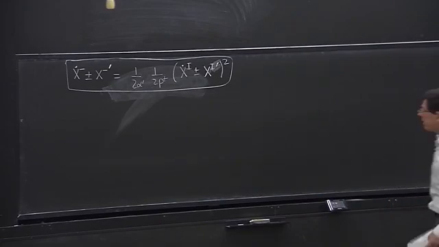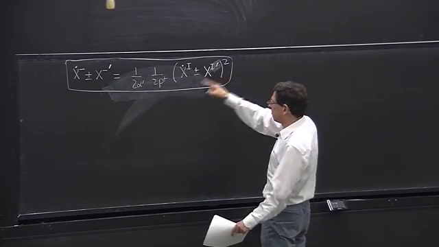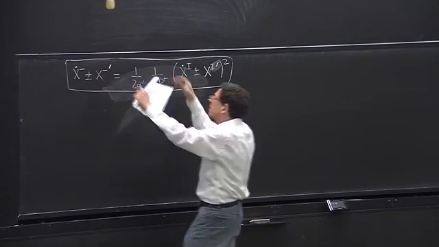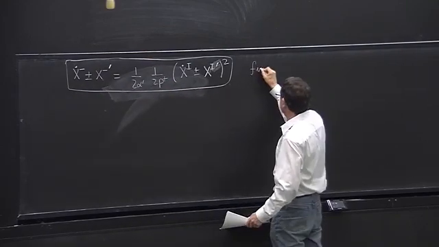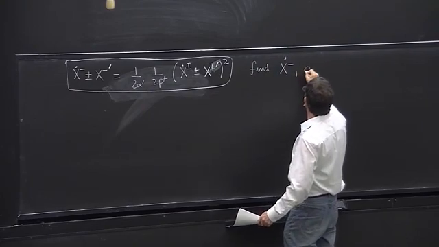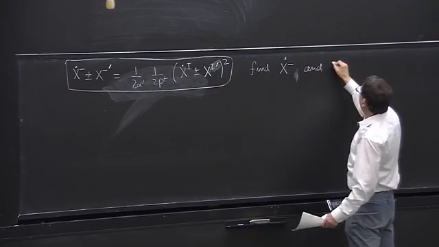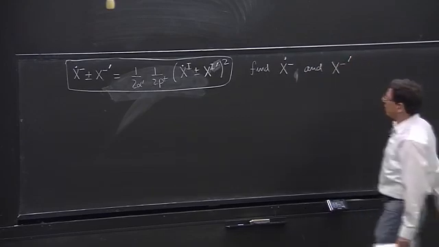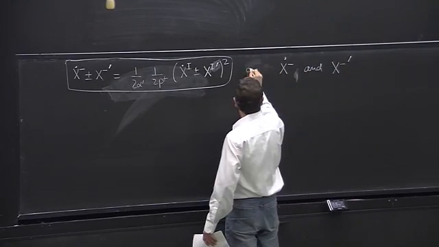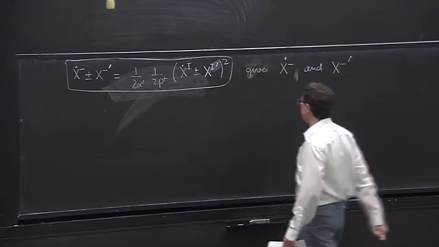So from here, you can take sums and subtract. You can write the first equation, the second, add them and subtract them. So find x minus dot and x minus prime. This equation gives them. And it's a simple calculation.